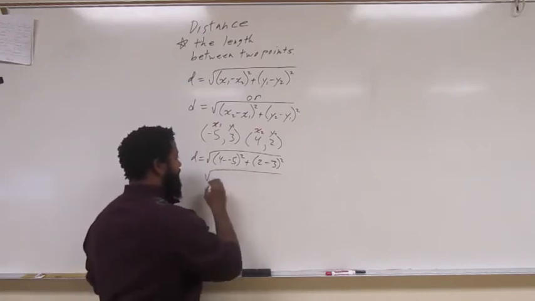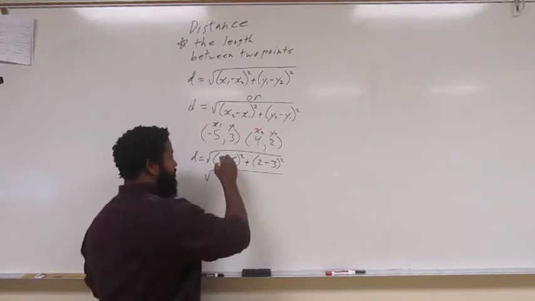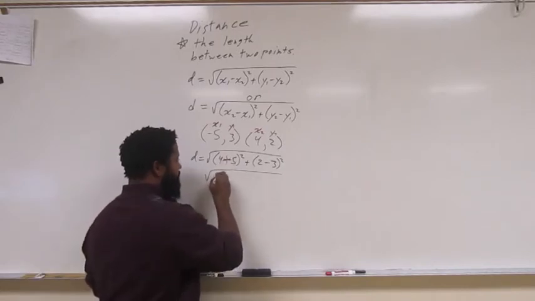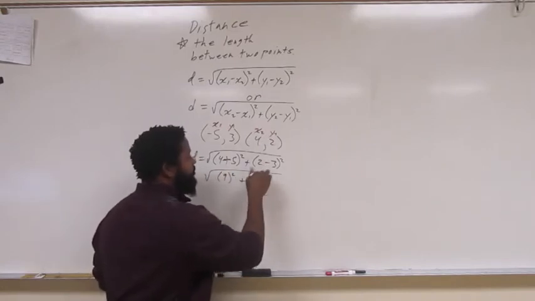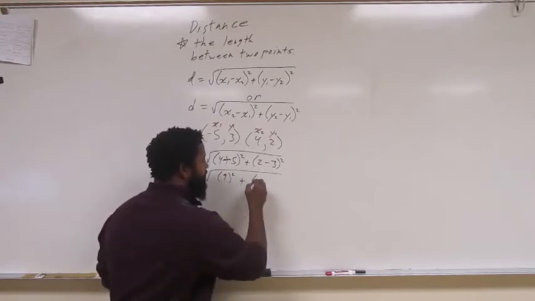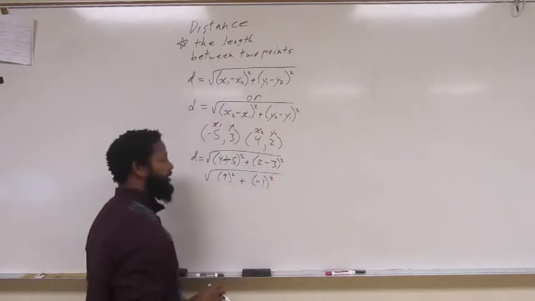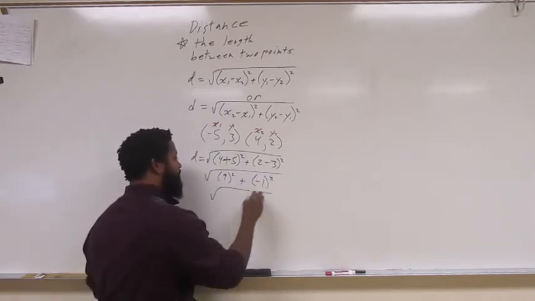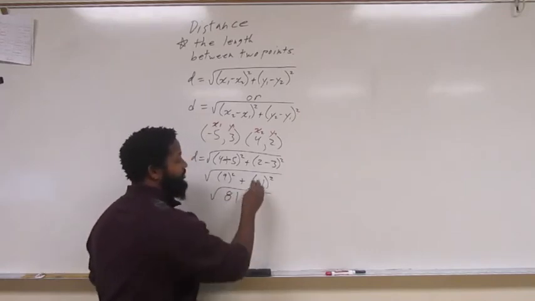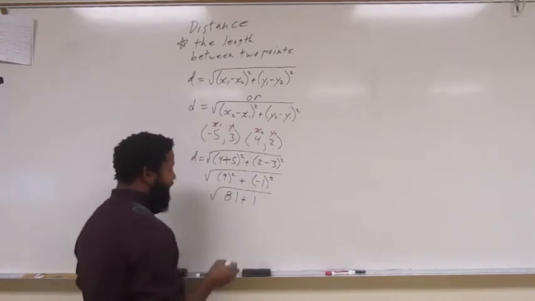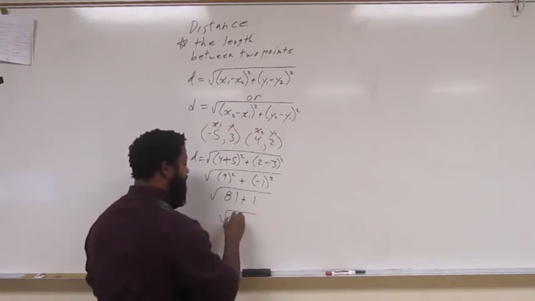So square root of, what's 4 plus 5? 9. 9 squared plus 2 minus 3? -1. -1 squared, right? What's 9 squared? 81. 81 plus 1 equal to the square root of 82.